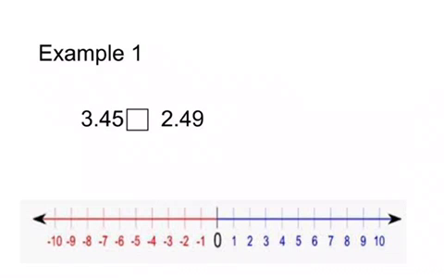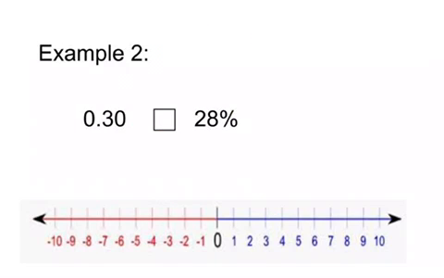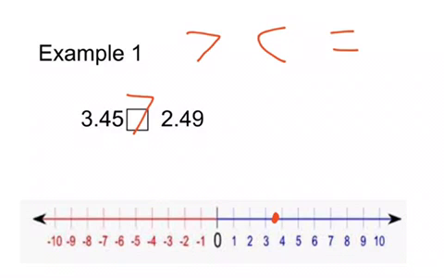Here's an example of how we're going to compare. We either need to put a greater than, less than, or equal to in our box. You may already know that 3.45 is greater than 2.49, but 3.45 is located here between 3 and 4. 2.49 is located between 2 and 3.